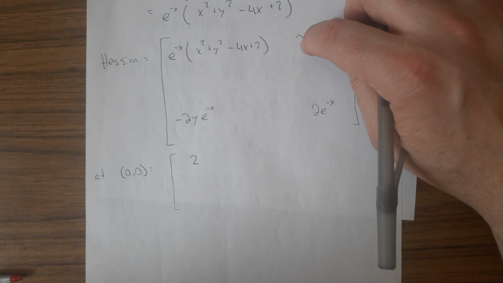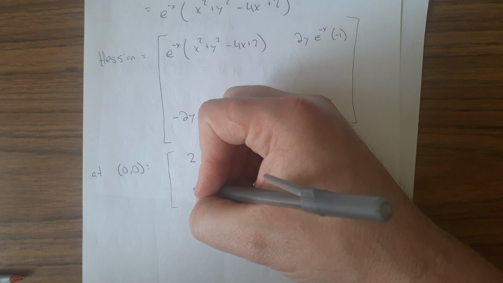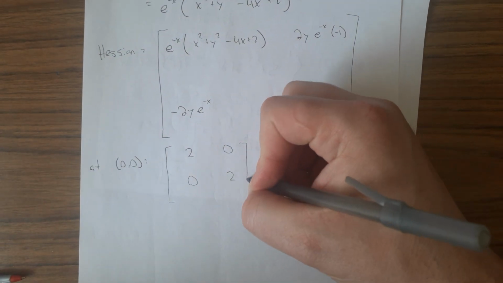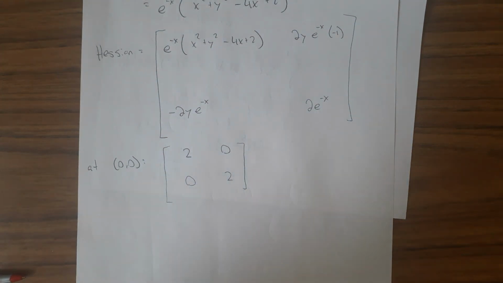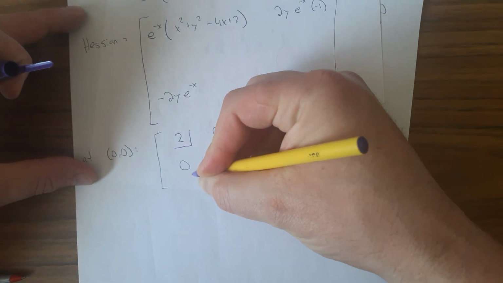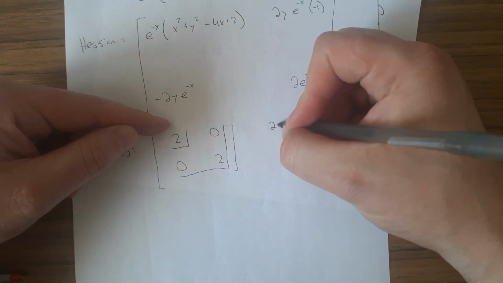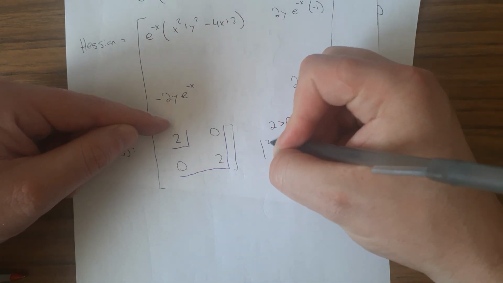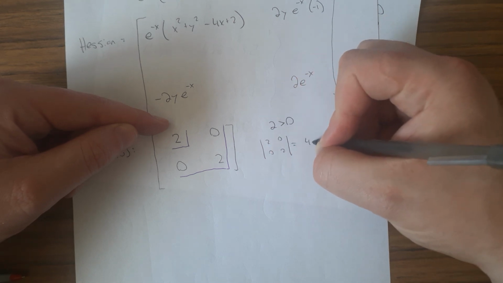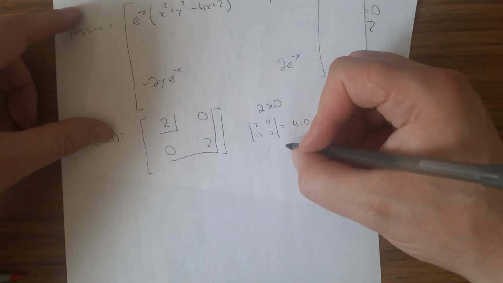Here I guess this whole thing is just 0. This whole thing is just 0. And this is 2. I am using Sylvester's theorem. I draw my little corners. This one's positive. When I do my 2 by 2, I get 4 minus 0. That's also positive. Positive all the way through is positive definite.